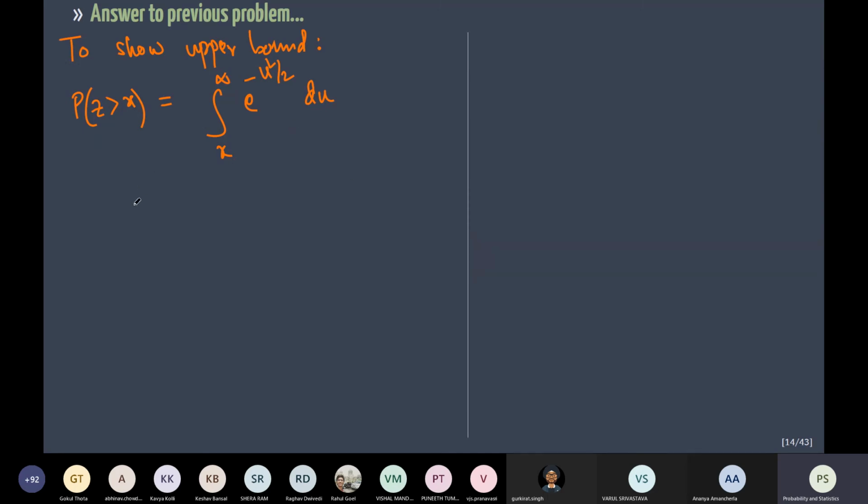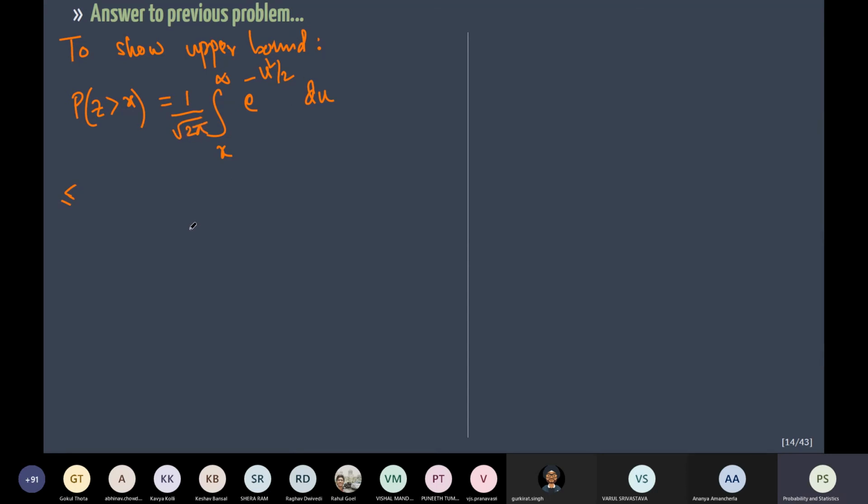Okay, so this trick may not be very trivial to use in general, but let us see this. So this is less than or equal to, and then I think we also need this 1 by square root of 2 pi, right? Because this is like in the PDF.